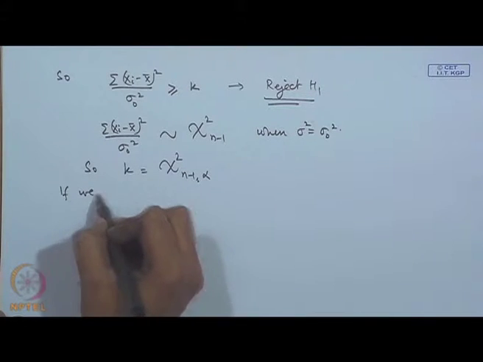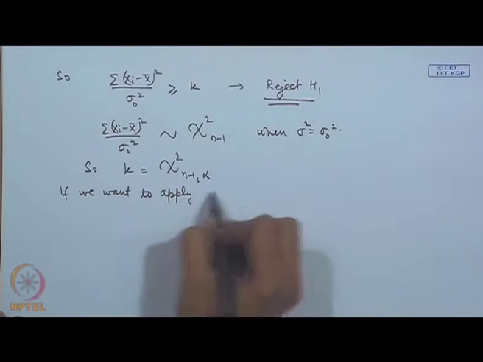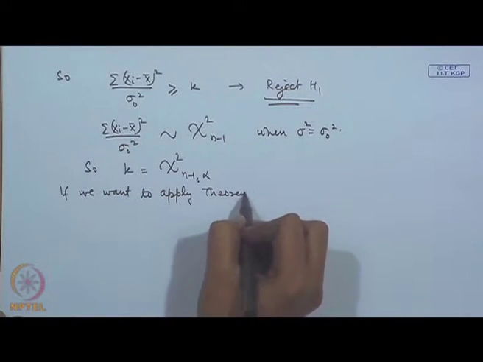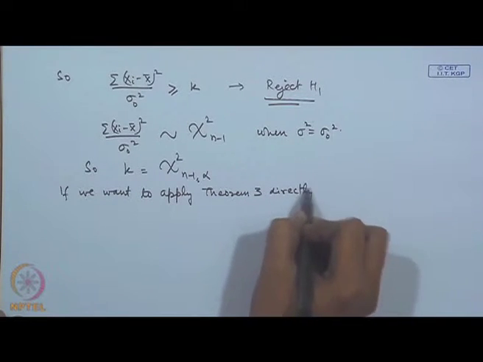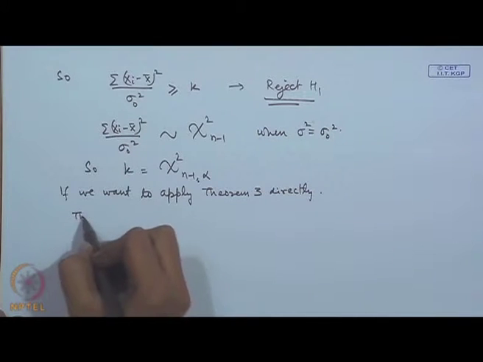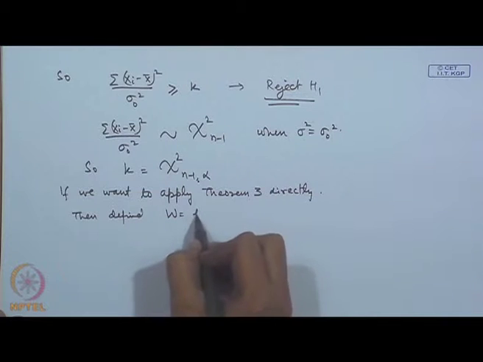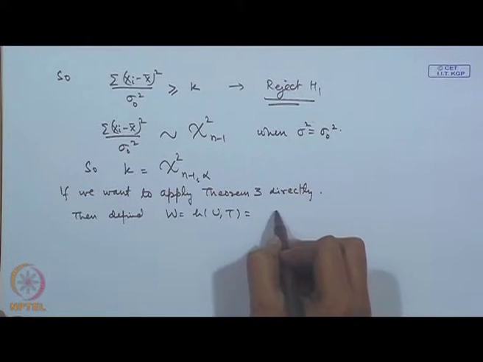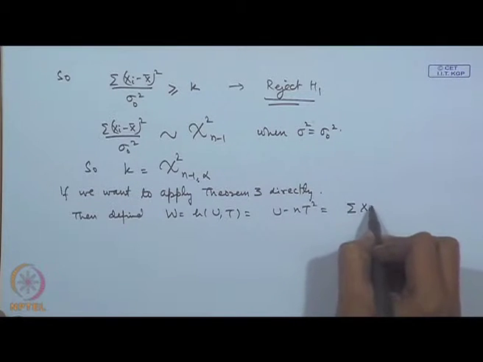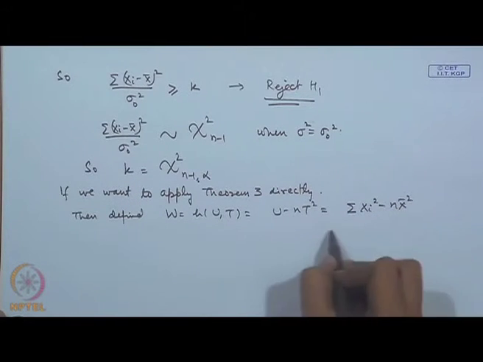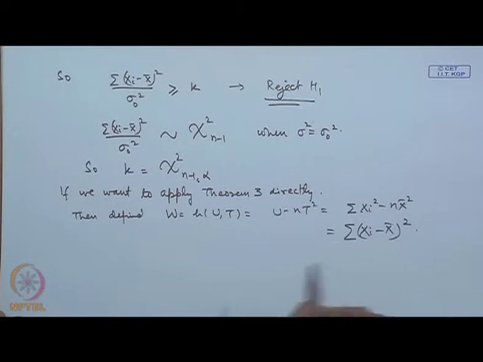If we want to apply theorem 3 directly, then define W equal to h(u, t), which is u minus n t square, that is equal to sigma x i square minus n x bar square, that is sigma (x i minus x bar) whole square.